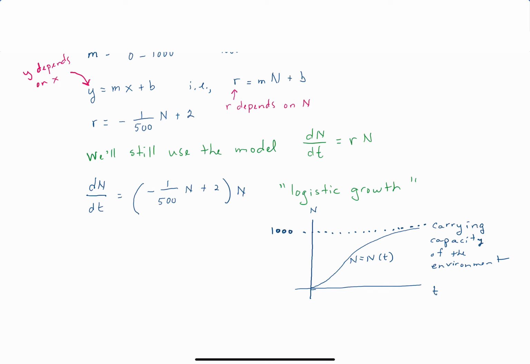Because remember, the problem said that the per capita growth rate r was 0 when the population size was 1,000. So at that point, the births are slowing down or deaths are going up, and the births and deaths balance each other out, and you have just a level population.